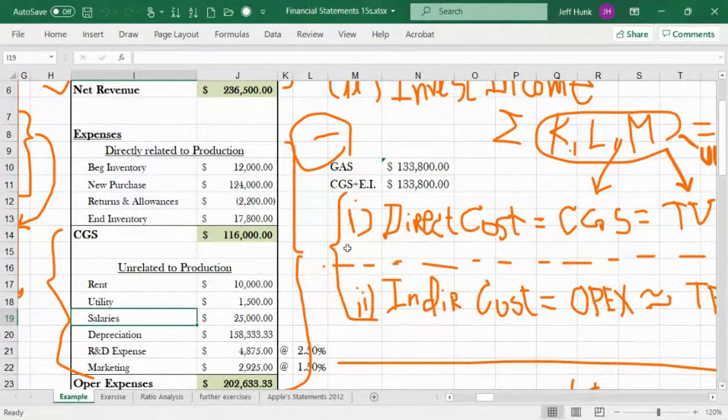The direct cost. Just like income, expenses come from 2 sources too, right? Remember, income comes from 2 sources.